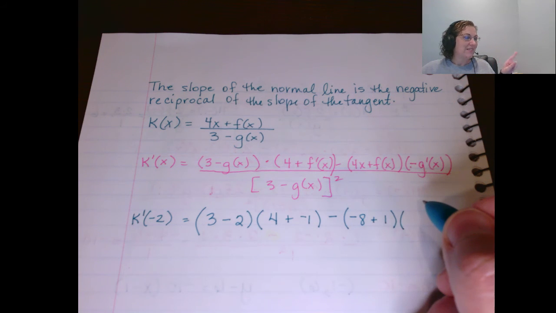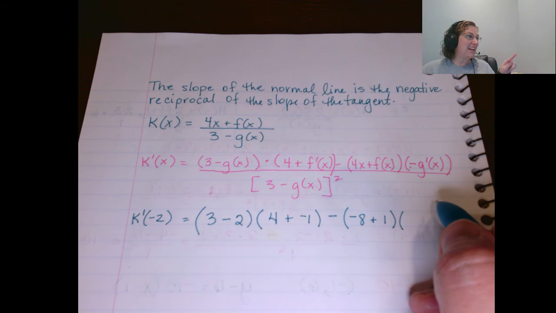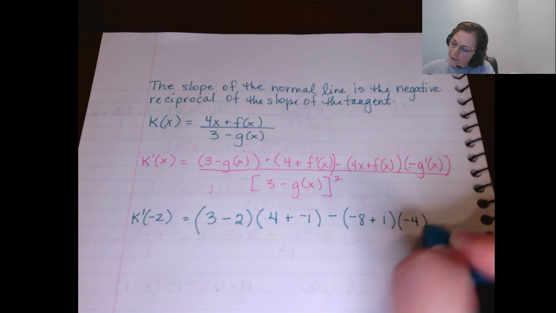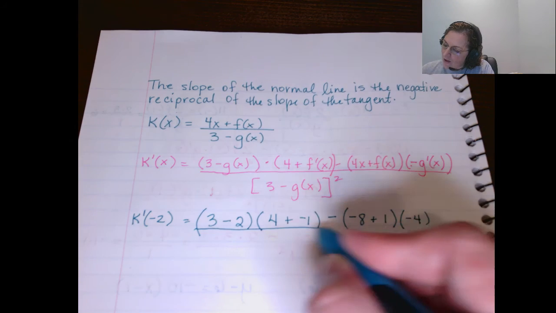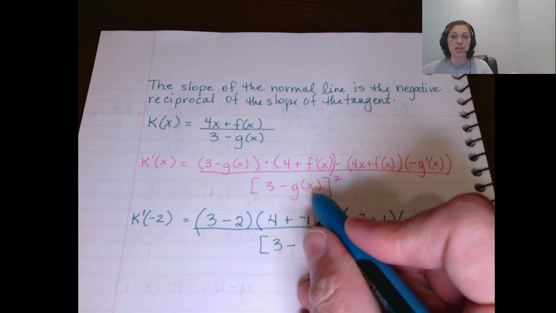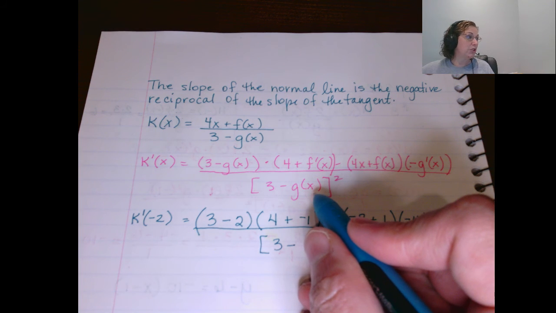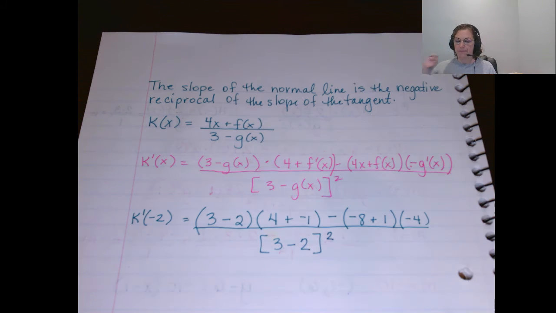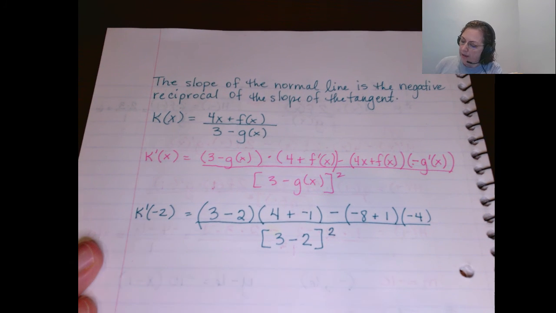So let's do first, g prime of -2 is 4, but we're making it negative, putting a -4. All over 3 minus g of -2. So g of -2 is 2. And we're squaring that. So be very intentional. If it helps you actually talk through those values, please do, okay?